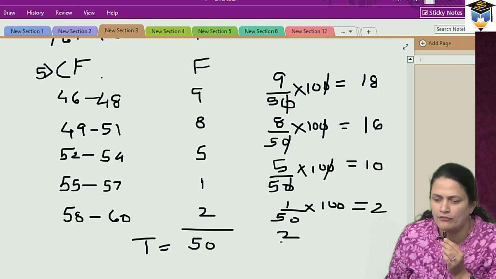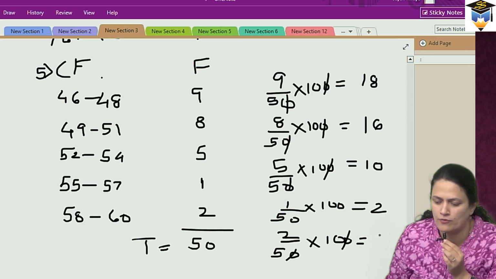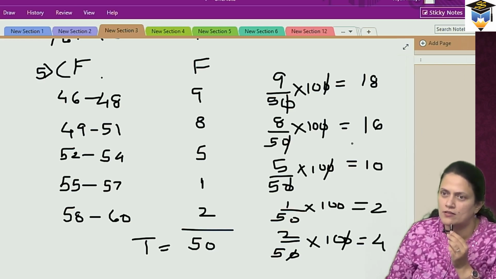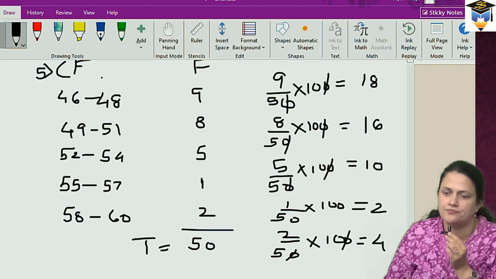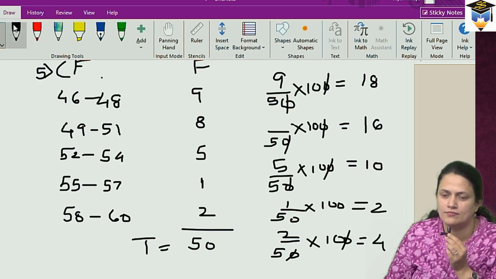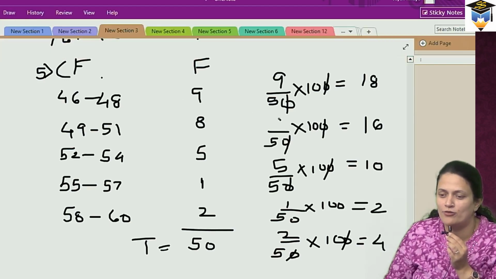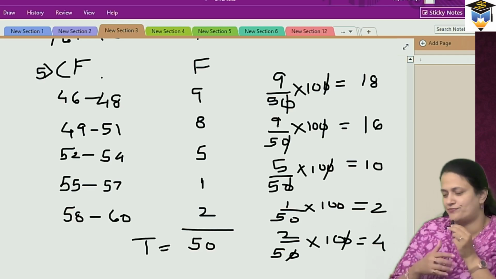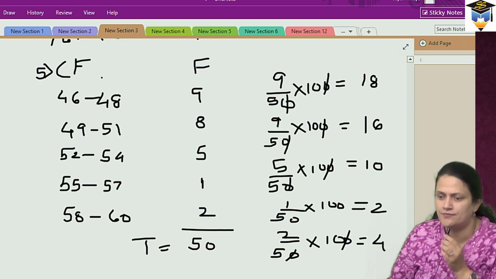And 2 upon 50 into 100 is 4. So this... Is it 9 here? Harshavardhan, then this will come to 18, it will be 18.